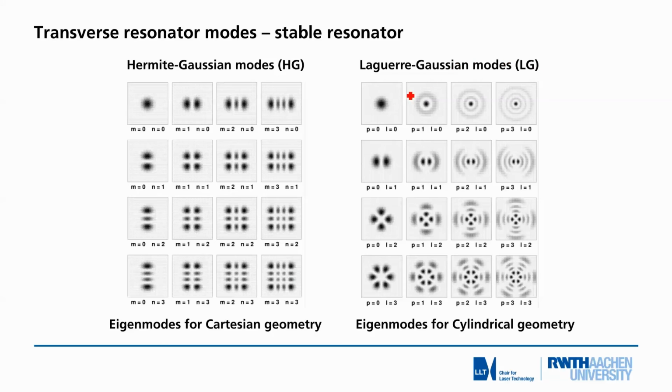In spherical symmetry, we learned that we use the Gauss-Laguerre modes as solutions, and again you get the radial dependency, so to say, the radial interference in one direction, and since the other coordinate is an angular coordinate, we get an angular separation, first order, second order, third order, and so on.